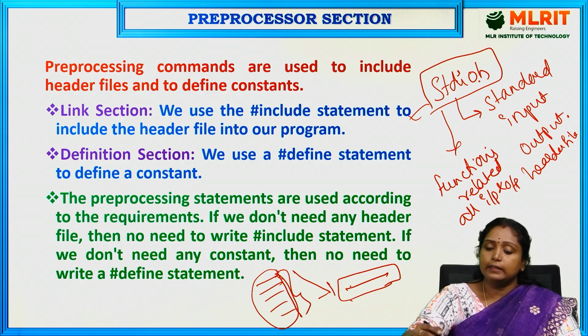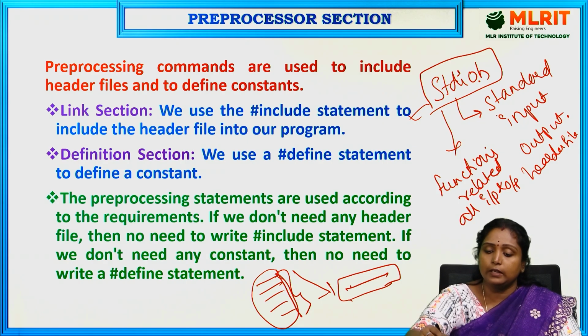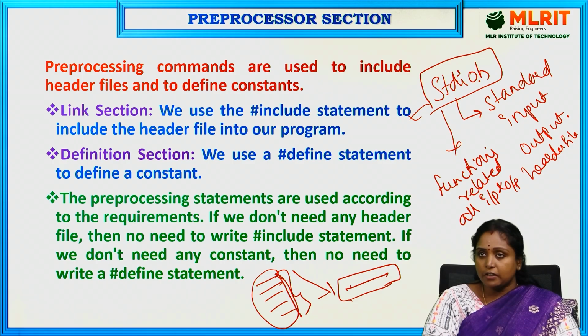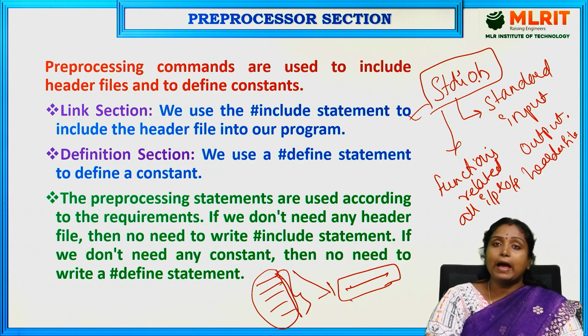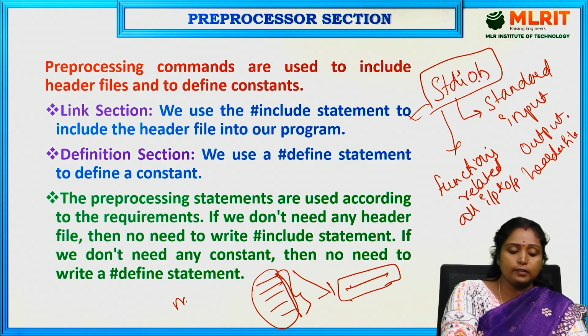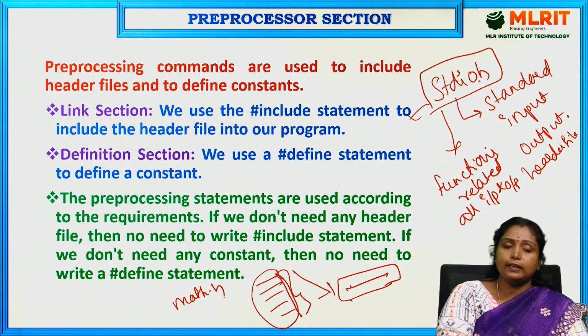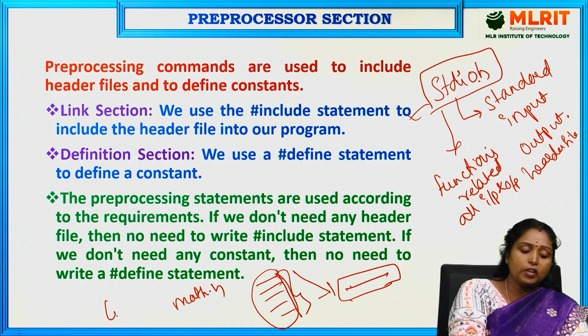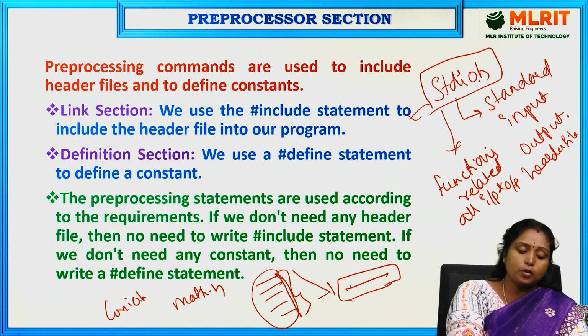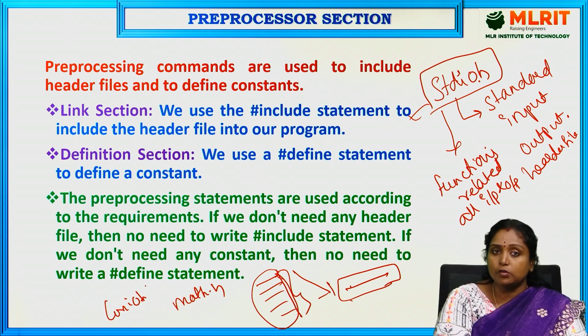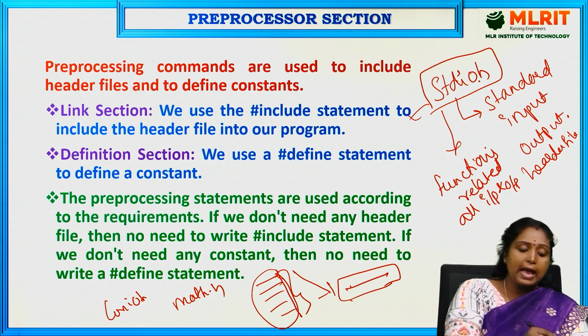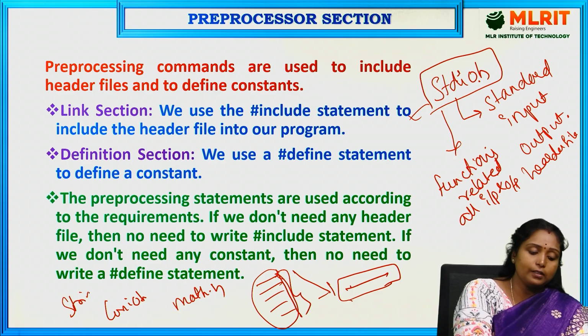Similarly, all the input output related functions are declared in stdio.h, whereas math.h consists of all mathematical functions, conio.h solves console input output related issues, and string.h holds all the string related functions.